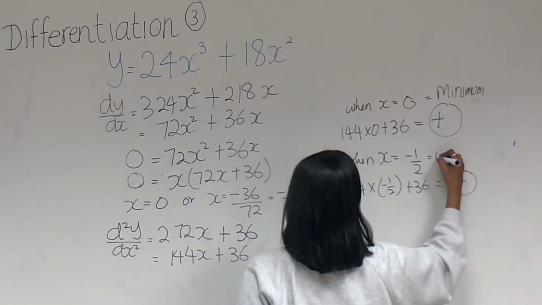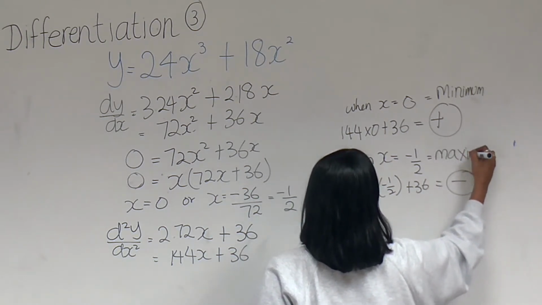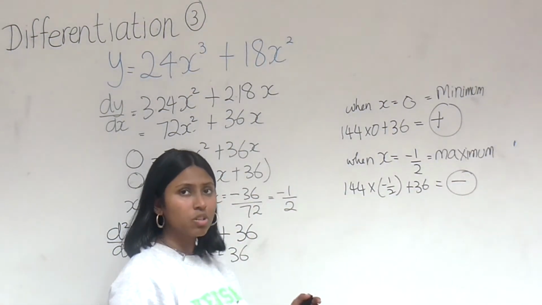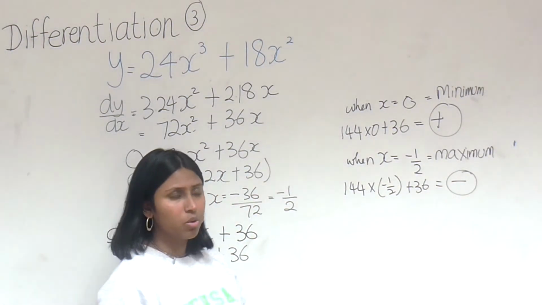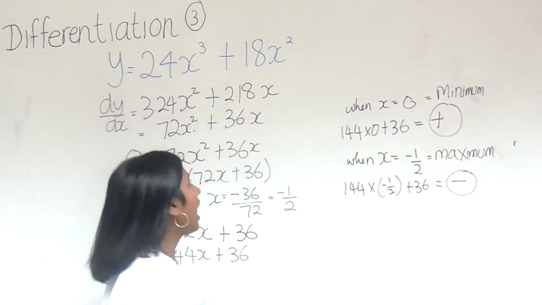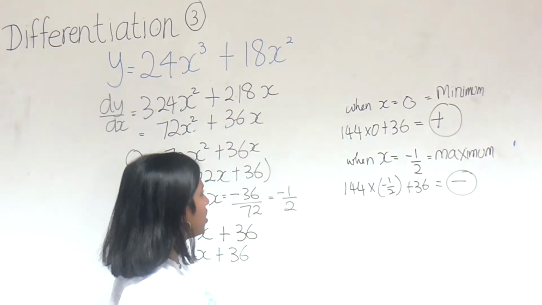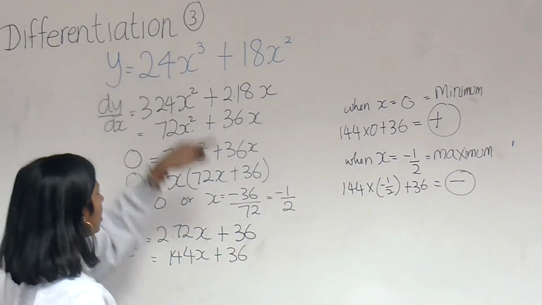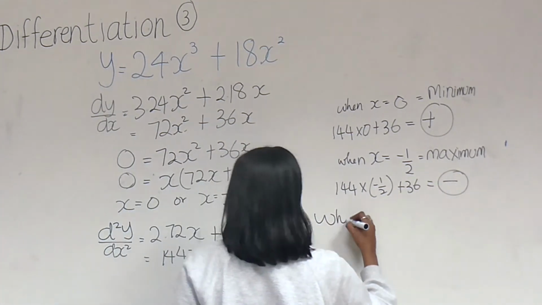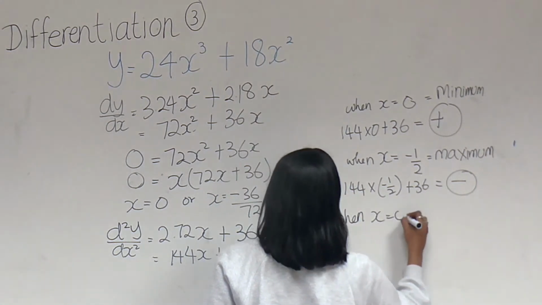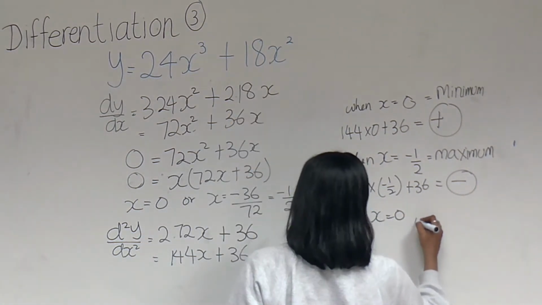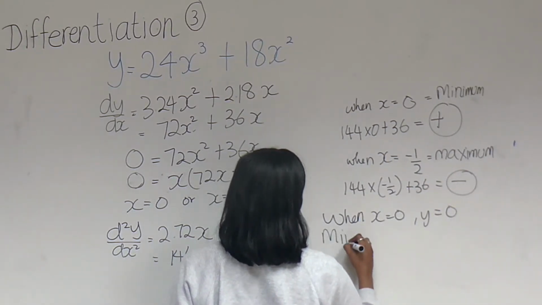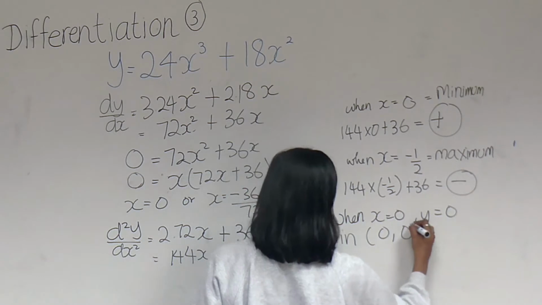So then we know that this is our maximum. But to find the actual coordinates, we need our y values as well. And so what we do is we substitute x into our original equation to find y. So when x equals 0, we know that y is going to equal 0. So our point for the minimum is just going to be 0, 0.